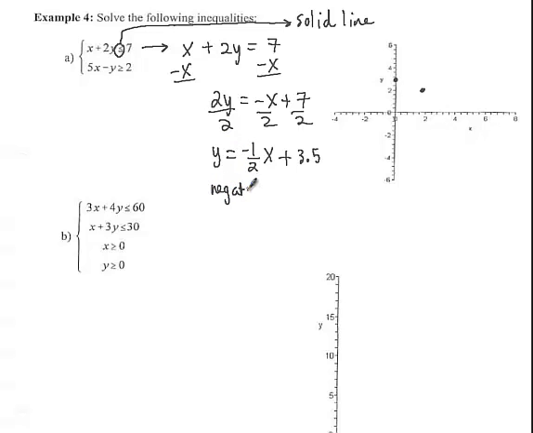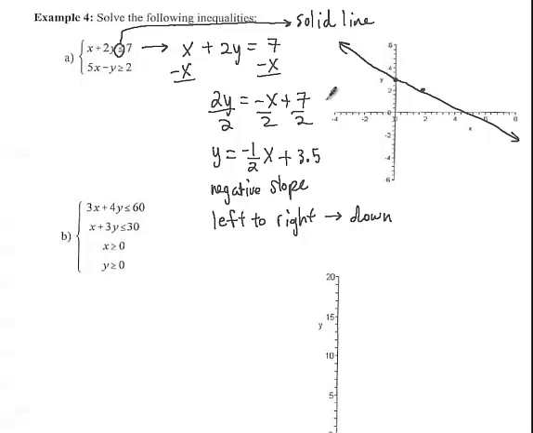Negative slope, you go down from left to right. Alright, solid line. We only need 2 points on a line to graph it, and so it's going to end up looking something like that.